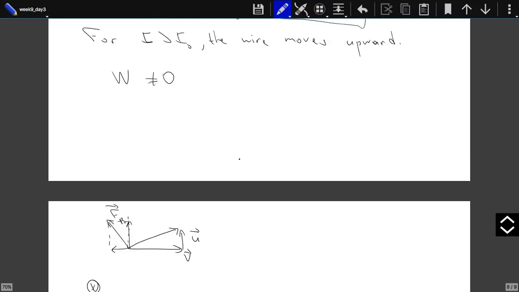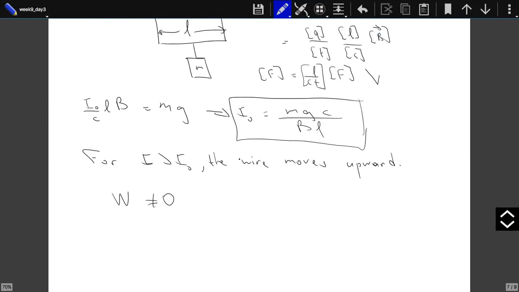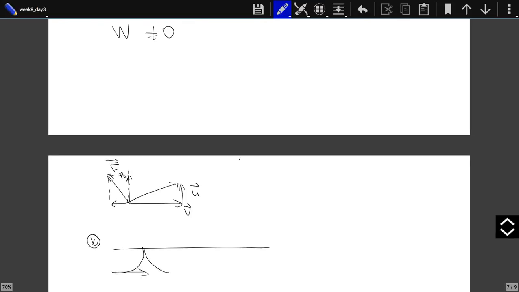Here our claim was that there is some work done, but when we have this wire moving upward, the charges are moving upward. So they don't have a horizontal velocity anymore. Their velocity has a small vertical component. So the magnetic force acting on these charges as they are moving along the wire is not vertical. It also has a horizontal component.